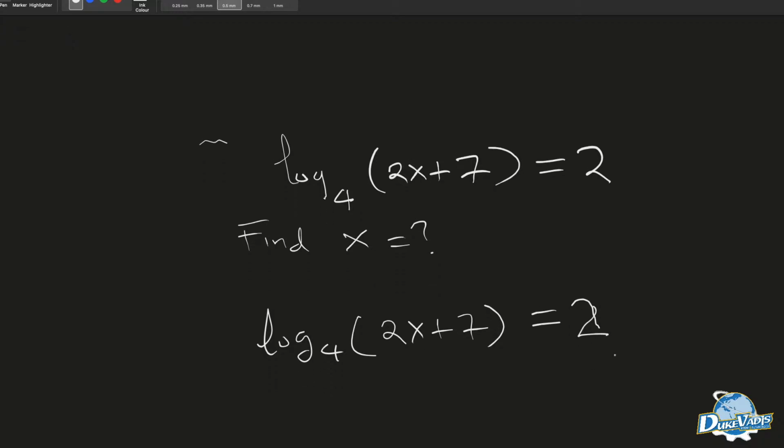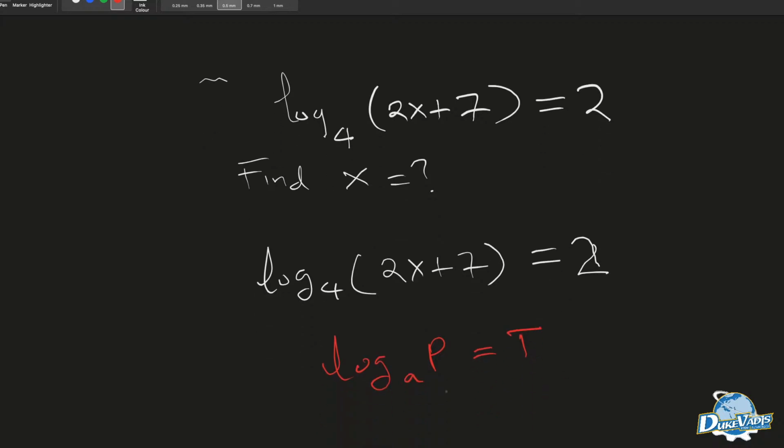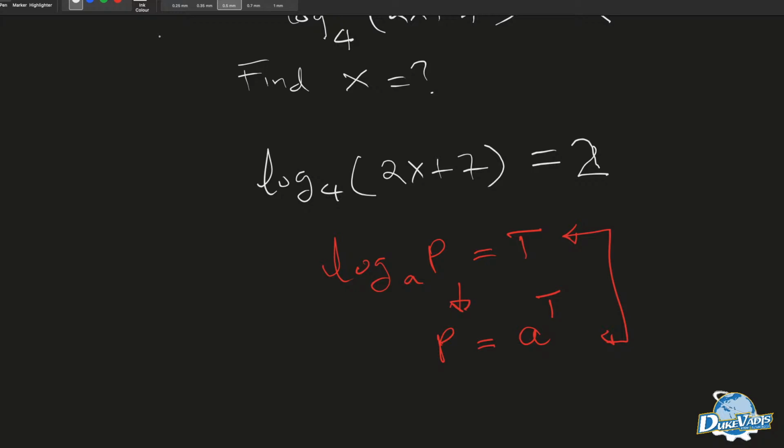If you remember, if we have log a to p equals t, this same log can be written as p equals a raised to the power t. This is one of the properties we learned earlier. So we are going to apply the same to our question.